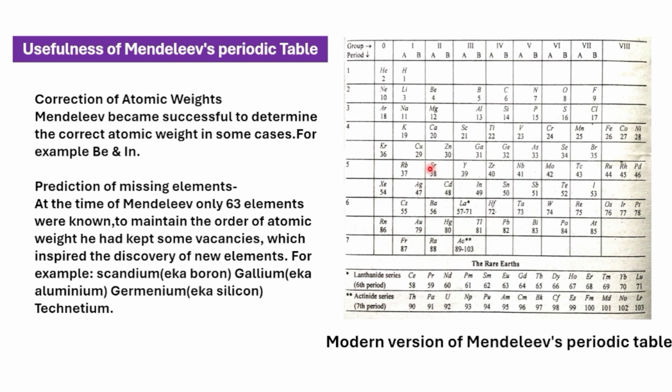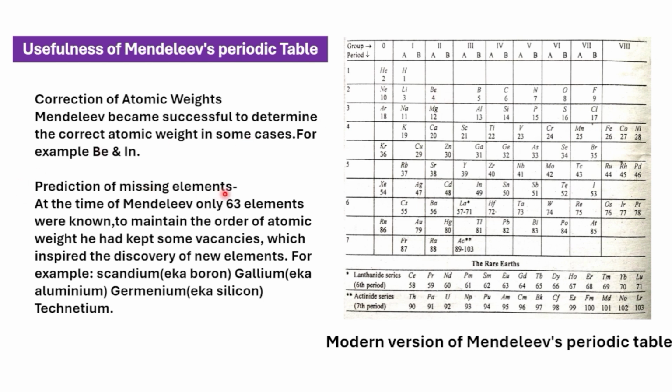So when he was putting these elements in his chart, and saw that the chemical or physical natures were matching, he could put beryllium in this position, and also put indium in the respective position, and in that way they could automatically assume the atomic weight of beryllium and indium. So the correction was done by Mendeleev.